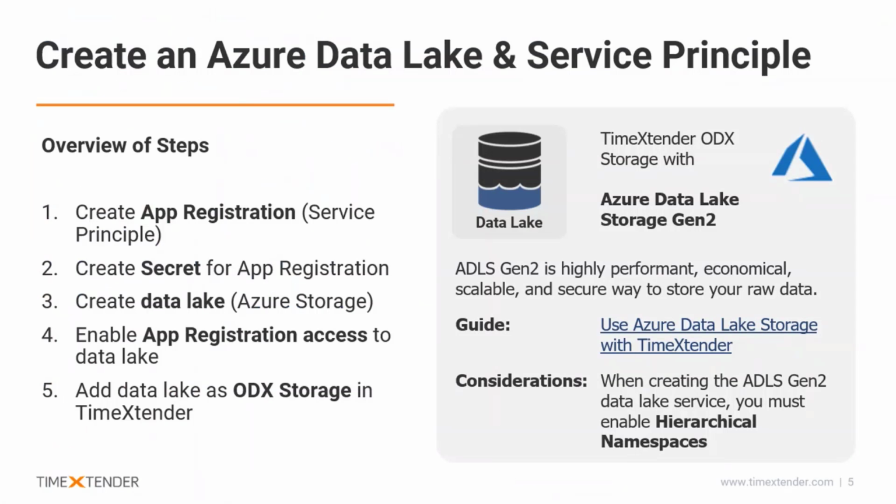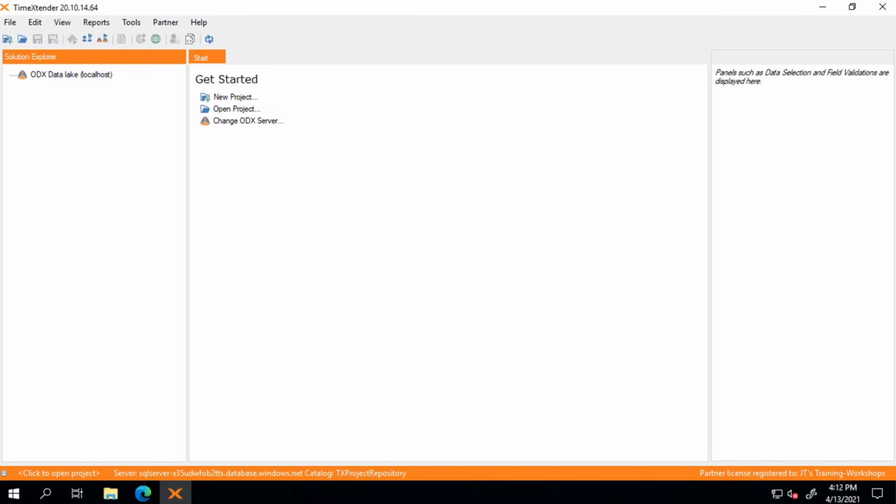Okay, now I've enabled the app registration access to the data lake. The final step here is to add data lake as an ODX storage in TimeXtender. So what I'm going to do is I'm going to open my virtual machine. Here we have the Azure virtual machine we created in the previous sessions.